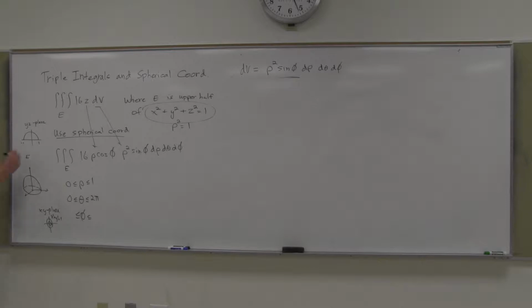If you look at a point on the surface, you can see what angles we go through for phi. Remember, phi starts at 0, we go 0 to possibly pi, but in this case we don't go to pi, do we? Where do we go to? 0 to pi over 2.